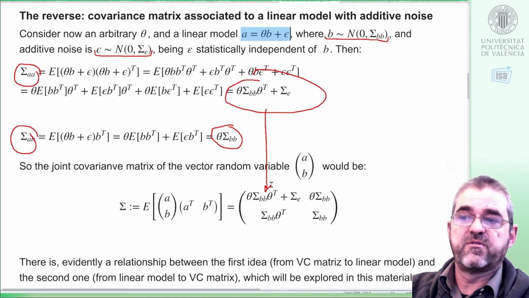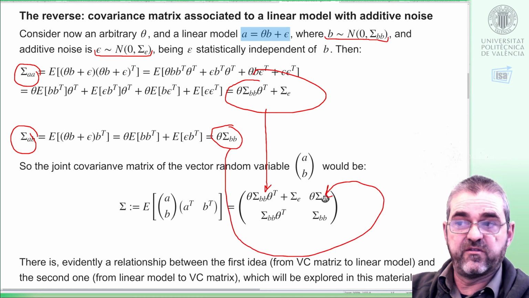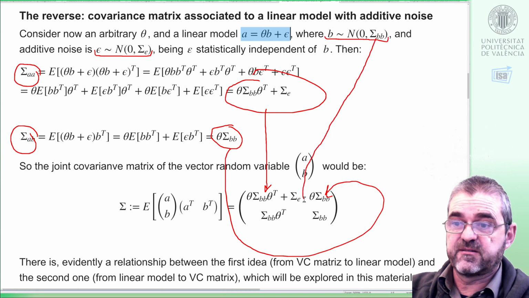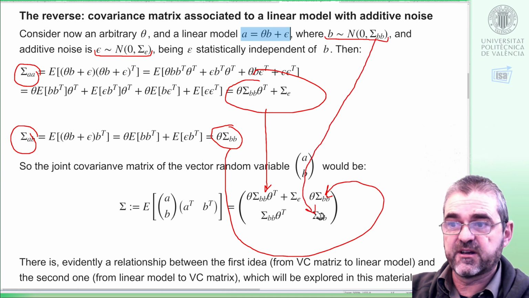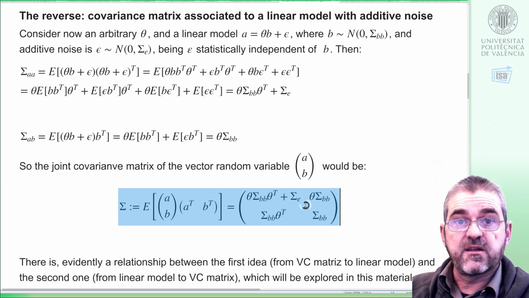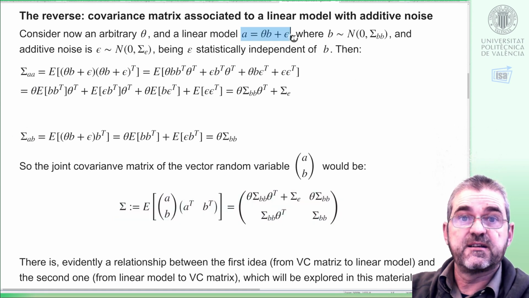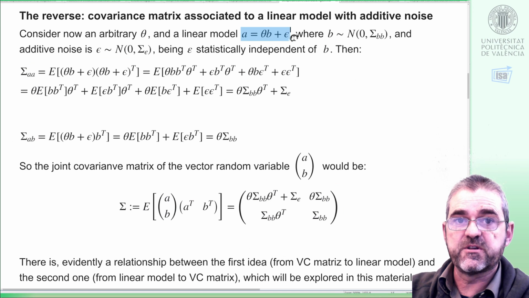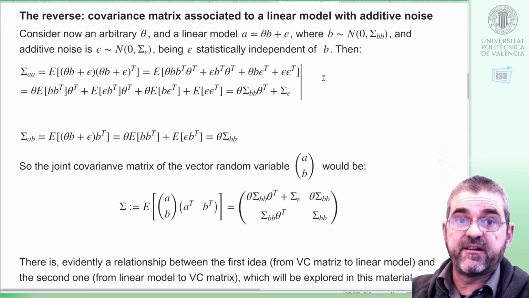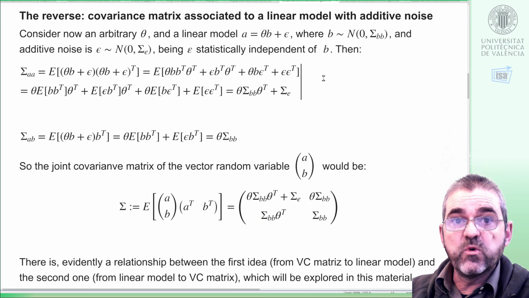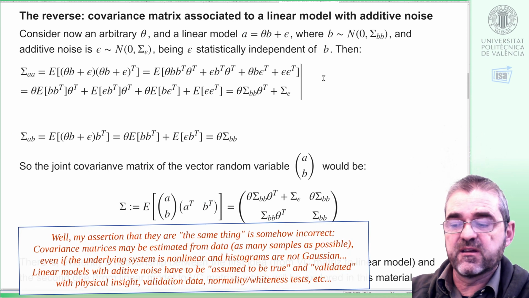So if I put the variance there, the covariance there, and of course the input variance in this diagonal term, then I get the associated covariance matrix given this linear model with additive noise. So covariance matrices and linear models with additive noise are sort of two ways of expressing the same thing.